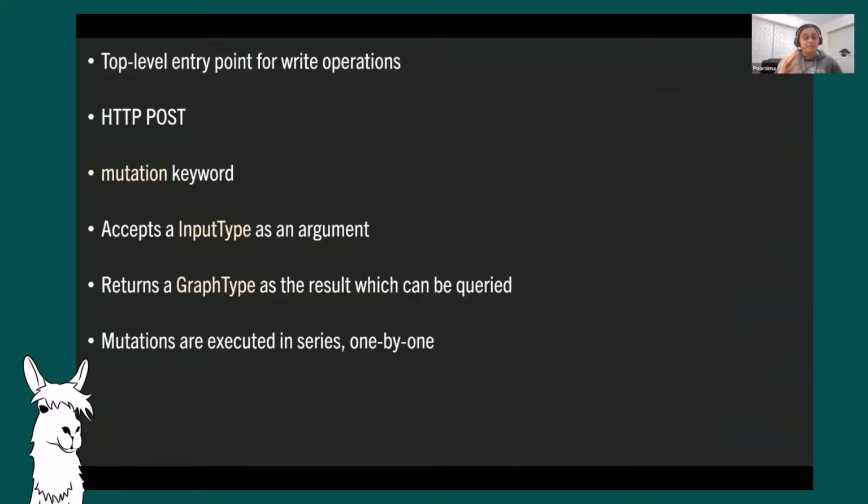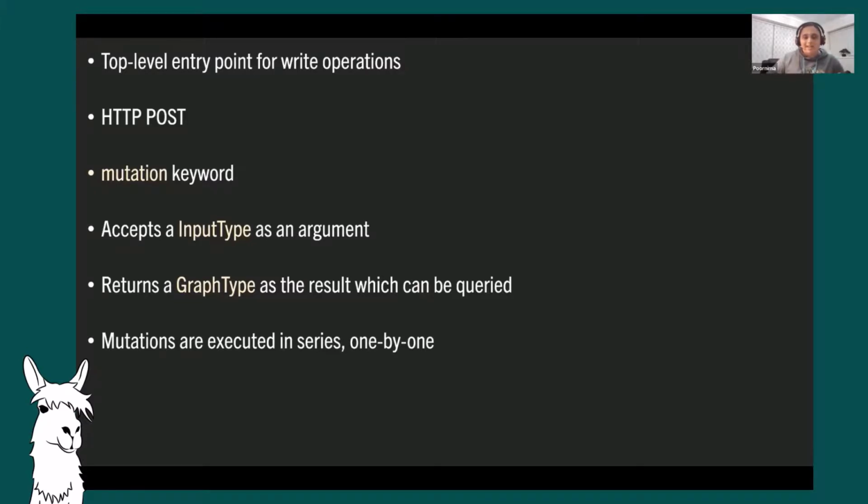And the fantastic thing about GraphQL mutation is that you can query what comes back, because what comes back is a graph type as well. So if you're creating a course, you can send back a course graph type which you have just created, and the client can use that for further processing on the front end. But unlike queries, mutations are always executed in series, one by one.